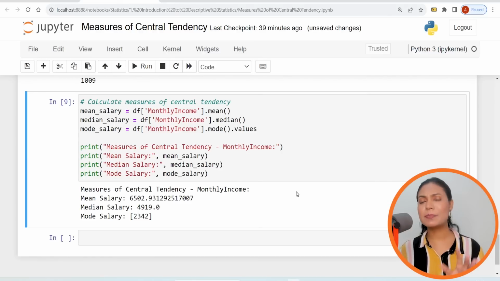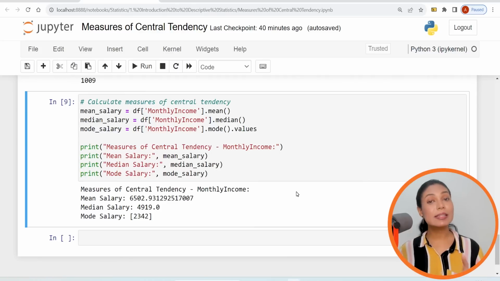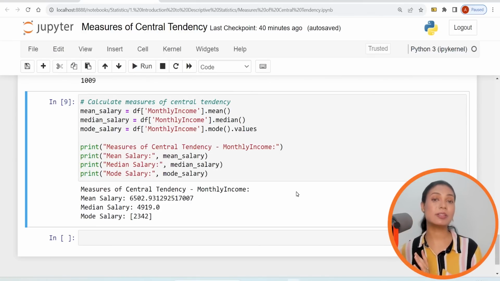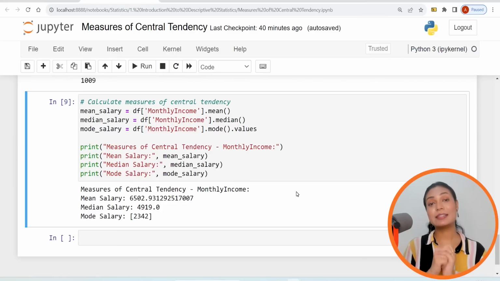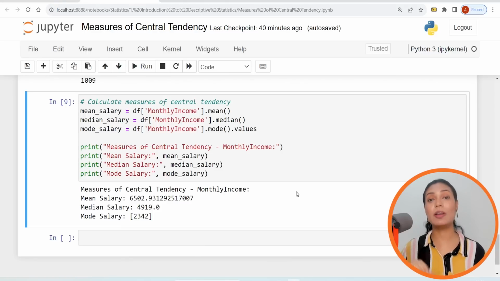Now, here is a simple explanation. If the mean is greater than the median, this indicates that the data set has some larger values that are pulling the average mean towards the higher end of the distribution. It suggests that there are a few relatively high income values that are impacting the overall average.